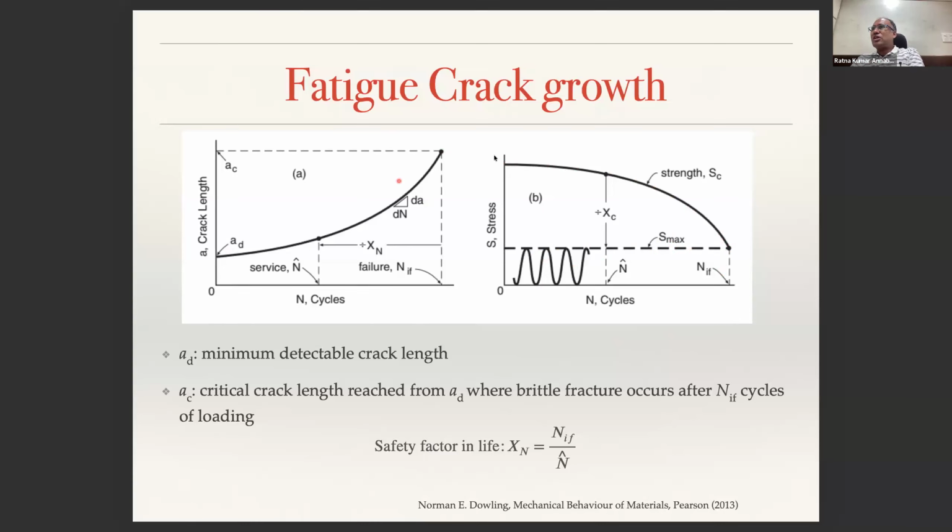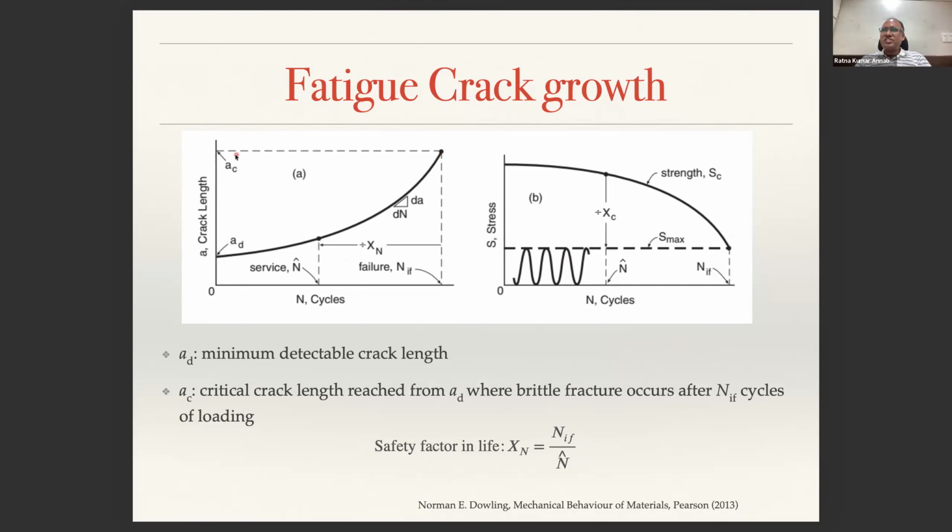Now, this is sort of your material response, right? a_d and a_c. If you have designed the component for enhanced cycles of life, you know this material, if it is operating with this kind of loading cycle, is safe until the crack length becomes a_c, which can be computed by using the material properties.